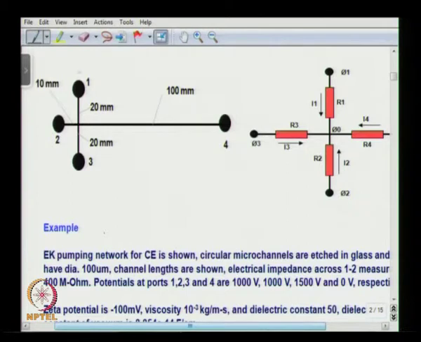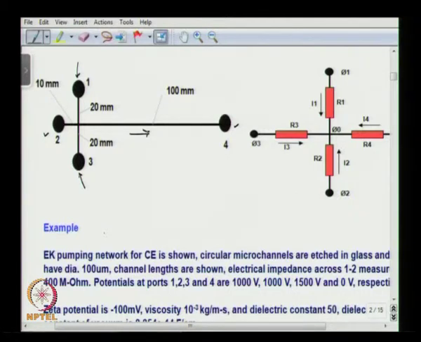Normally we would have the sample present in one of the reservoirs. Here we would be applying vacuum so that the sample plug comes to the junction, and then by applying a voltage between port 2 and port 4, the sample will get separated along this channel. So that is the principle of capillary electrophoresis.